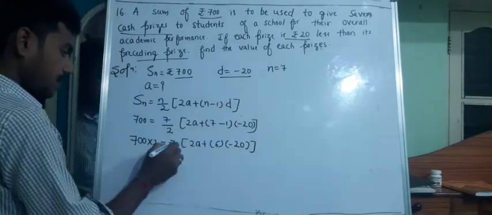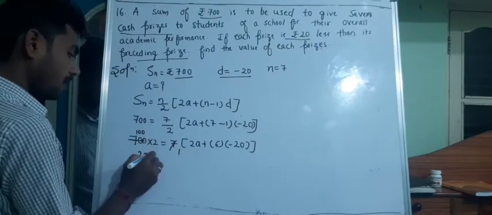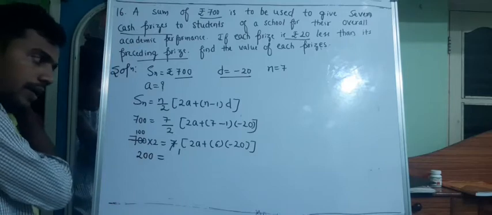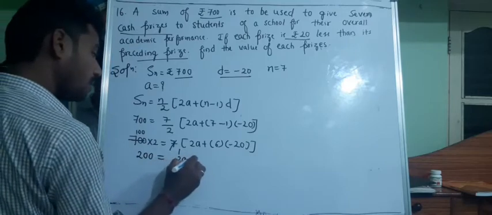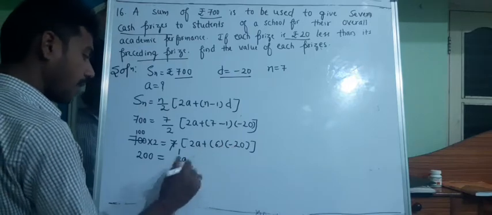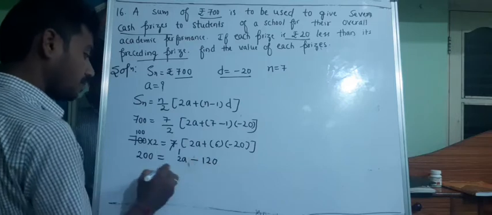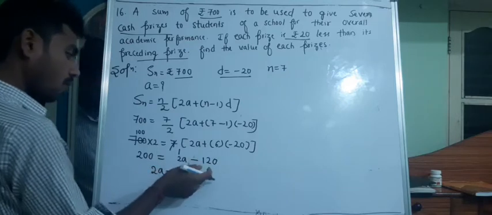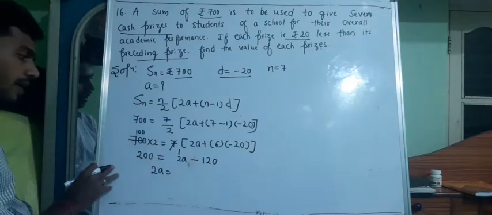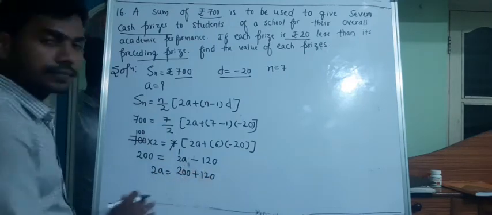Next, 7 ones are 700. So 200 is equal to, 2 into 100 is nothing but 200, is equal to 2A plus, plus into minus is nothing but minus, 6 into 20 is 120. So 2A is equal to 200. If I transfer it to the left hand side, it will be 200 plus 120.